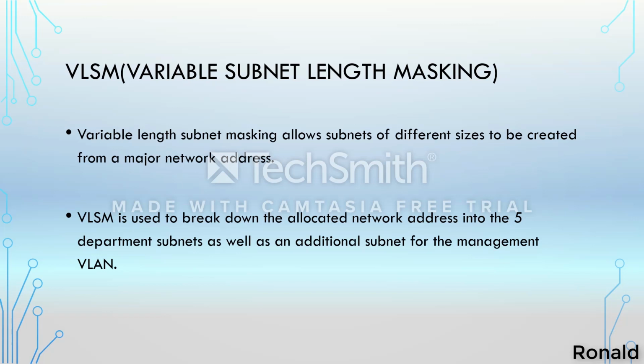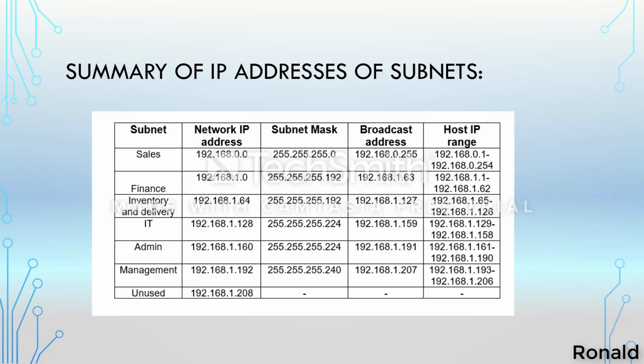If you are interested in seeing how we have implemented VLSM in our network, let's move on to the next slide. Here we go. As you can see here, the sales, finance, inventory, IT, admin, management, as well as the unused VLANs are showcased in this table.